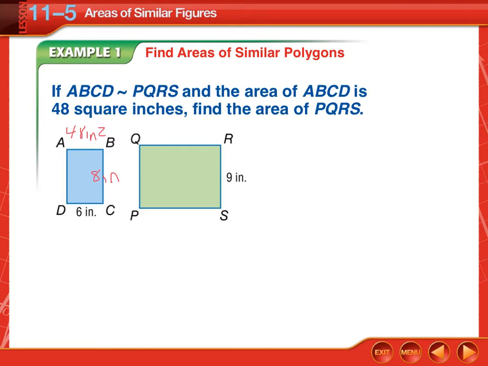And probably the easiest thing to do over here on PQRS is to find that other side as well. So we could always do a ratio. We could put corresponding sides together. And the key thing on this problem is, although 8 inches is here, BC, it's actually not corresponding to RS.